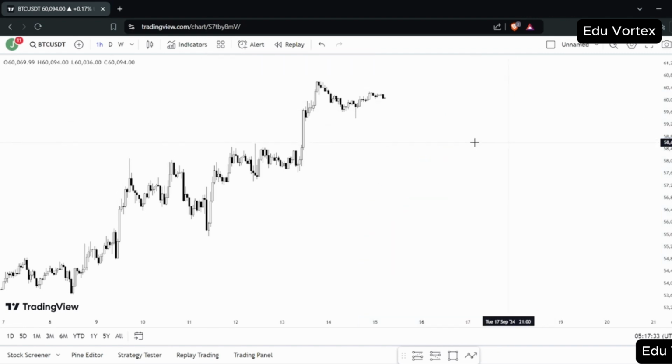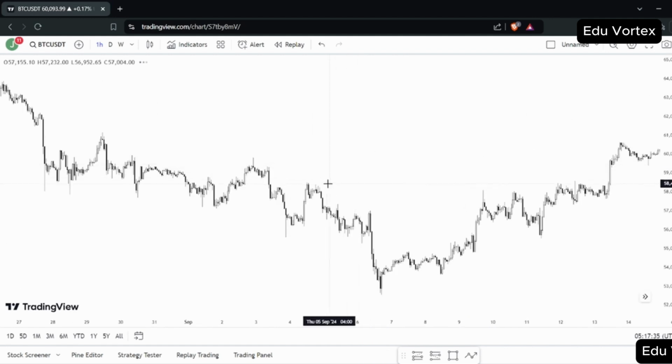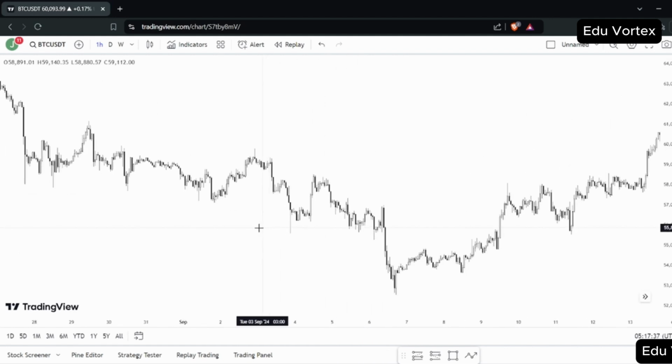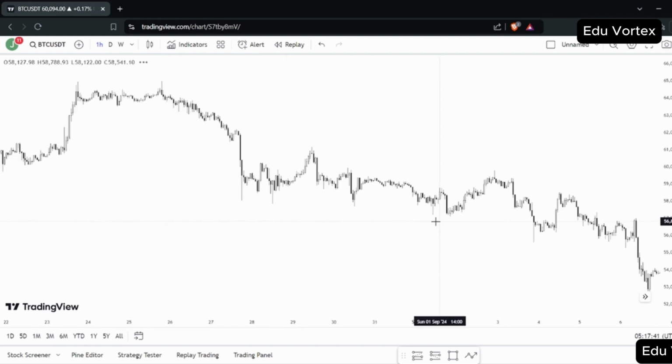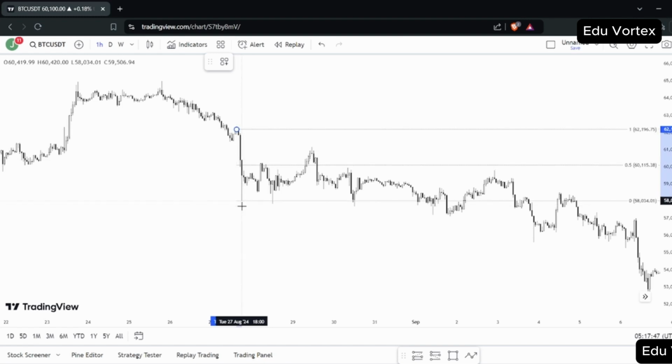So let's go over a few examples and then we'll go to the next thing. Basically, we can see over here. Let's see. Impulse, boom. So this is our structure. We go to the 0.50% of the retracement, which is very important. That's where we're gonna be entering later on in the strategy. 0.50%.